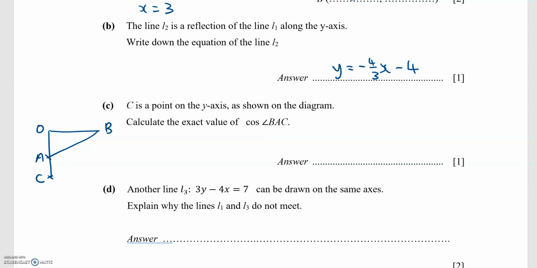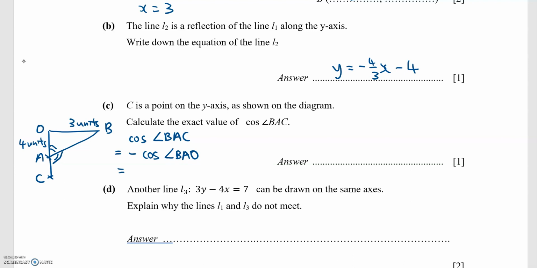Now, since I have the coordinates of points B and A, I'll be able to know the length. The length of OB is actually 3 units. The length of OA is actually 4 units. So the exact value of cosine of the obtuse angle BAC would then be the negative of the cosine of the angle BAO, the acute counterpart.